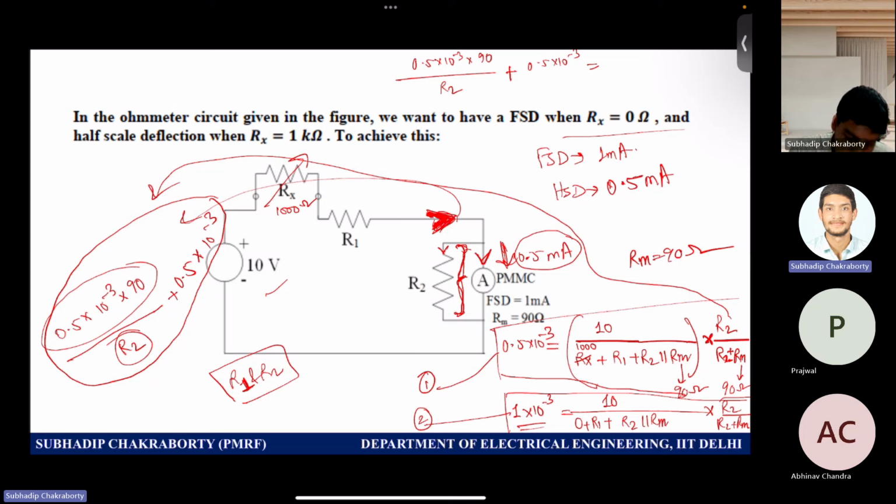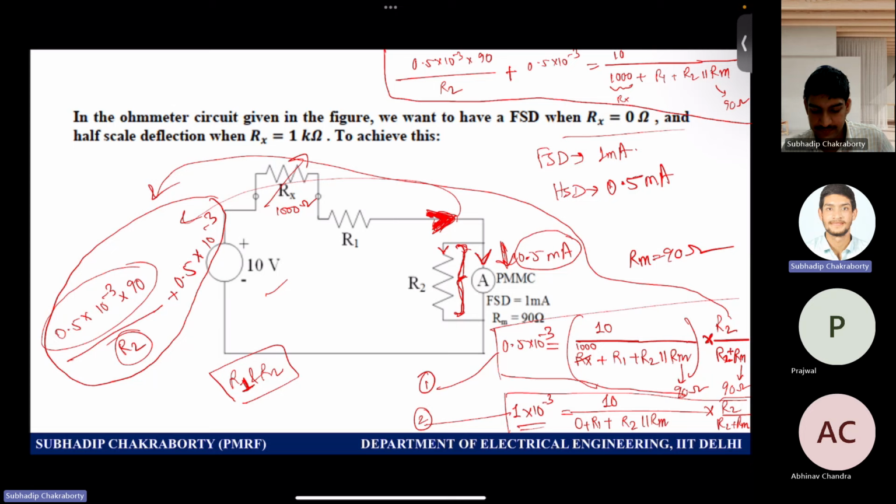Sum of this branch will give you this current, and this current is nothing but 10 divided by net resistance. Net resistance means 1000 for Rx plus R1 plus R2 parallel Rm. Rm is given as 90. So this will become much easier for you to solve.